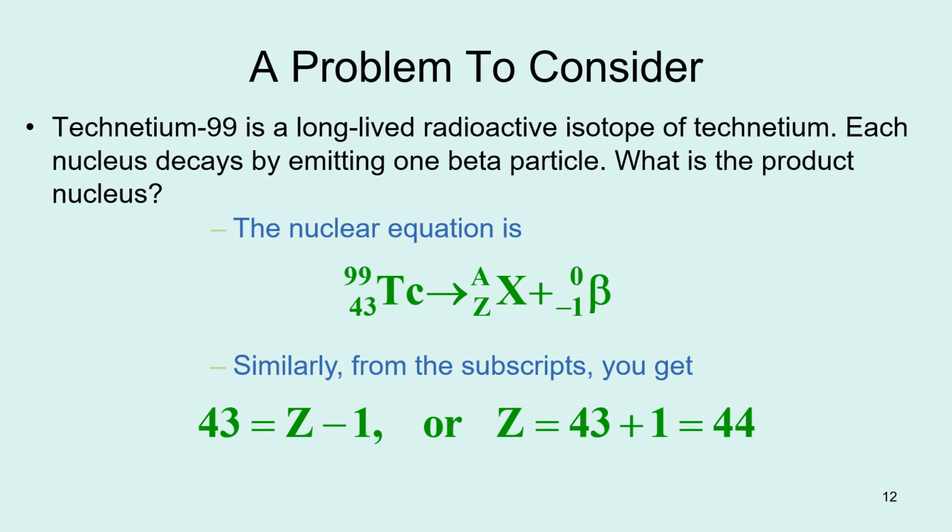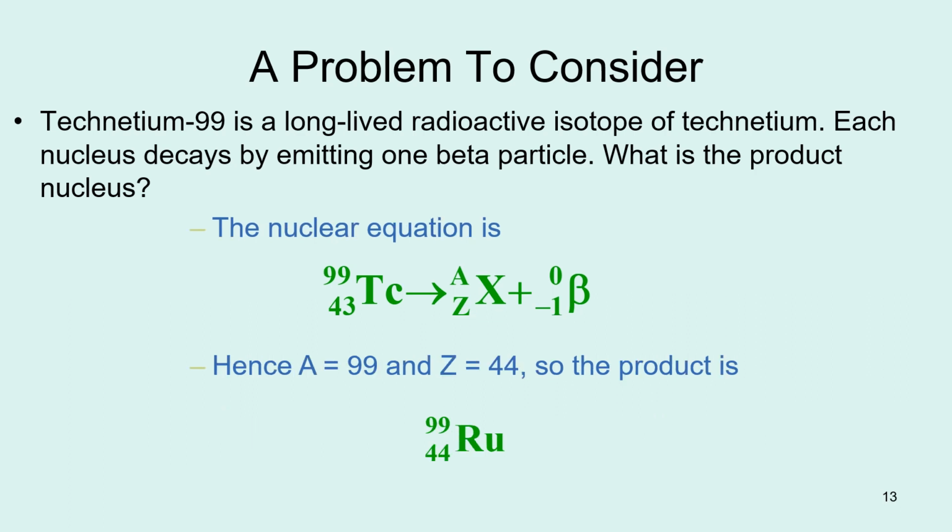What about Z? Z has to be whatever will make Z plus a -1 equal to 43, so Z has to be 44. Then you have to look up what is element 44. Element 44 is ruthenium, and so X changes to ruthenium.